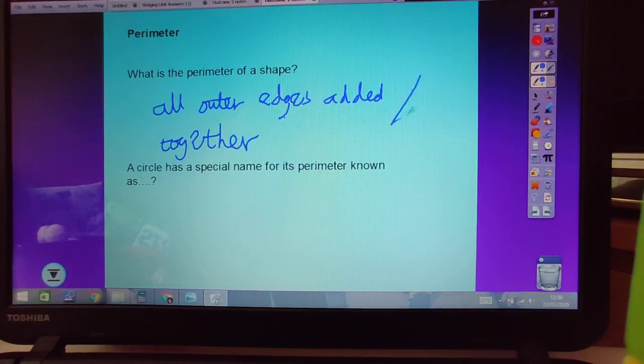That could be a triangle, or it could be the archway of someone's door at their house. A circle's got a special name for its perimeter that I mentioned earlier. It's called the circumference, and that's referring to the rounded edge on the outside.